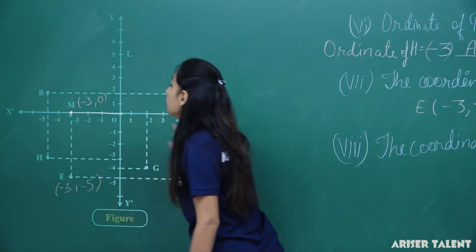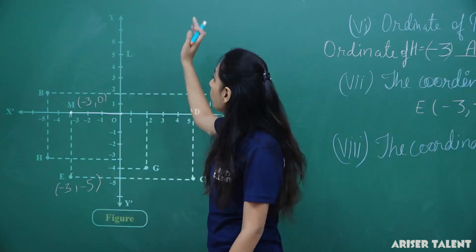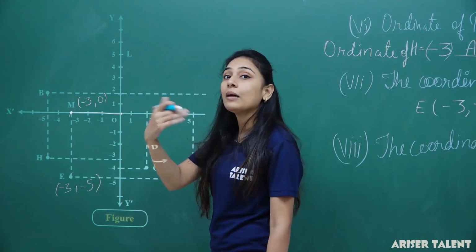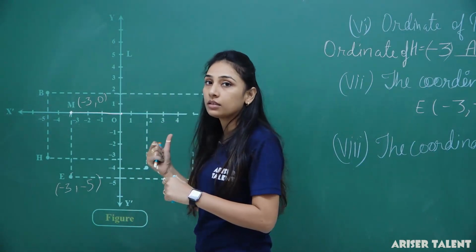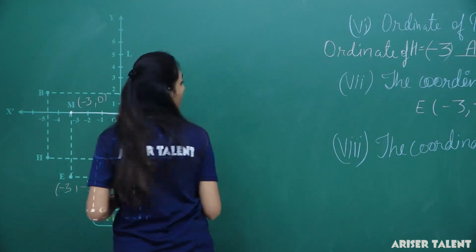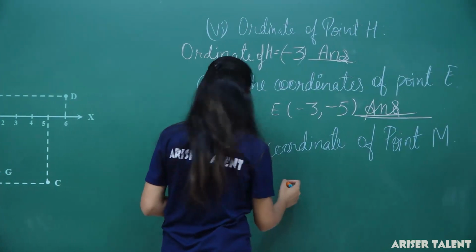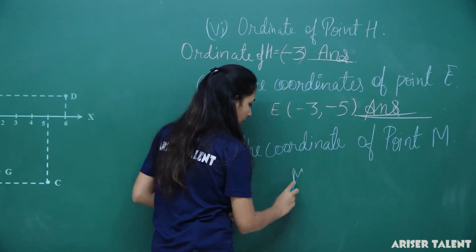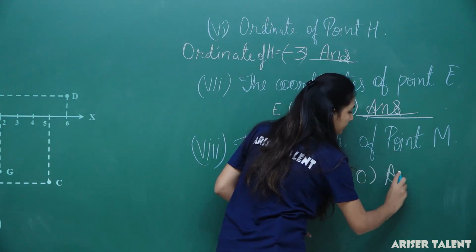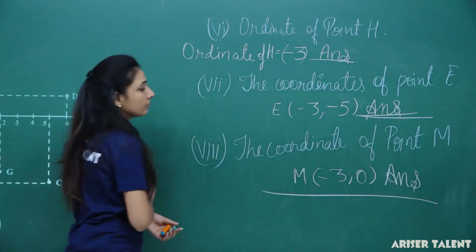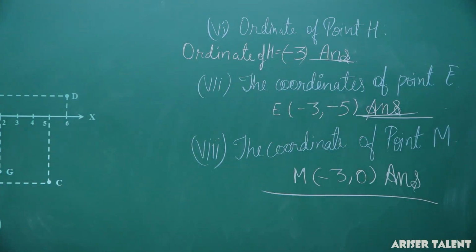Any point on the x-axis will have its ordinate as 0. Any point on the y-axis will have its abscissa as 0. Take it in your theory part, right? So M is minus 3 comma 0, and it's your answer. Note it. Okay, noted.